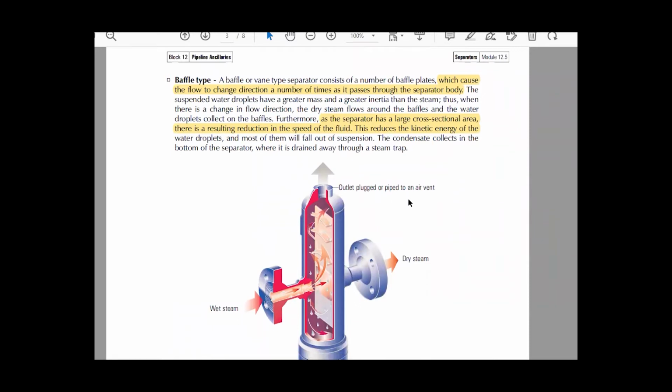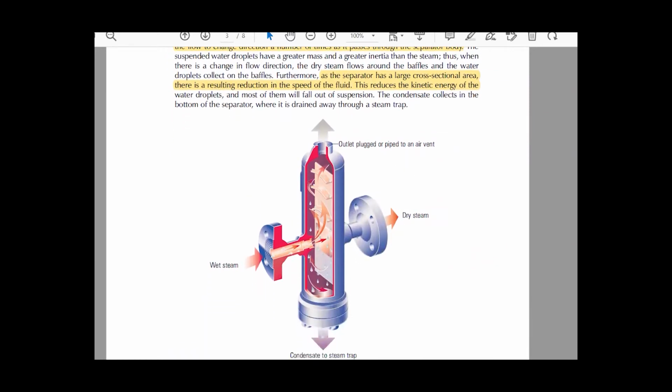The main function of a separator is to remove water from steam, as we talked about in previous minutes. The wet steam comes from this flange connected to the pipe, and the other flange is here.